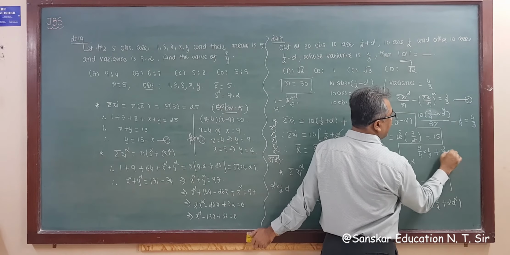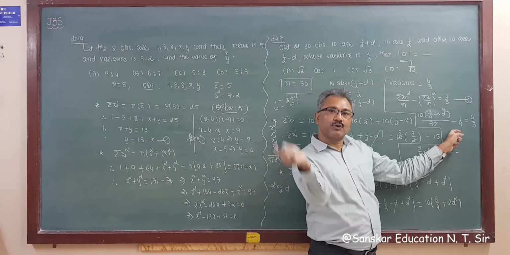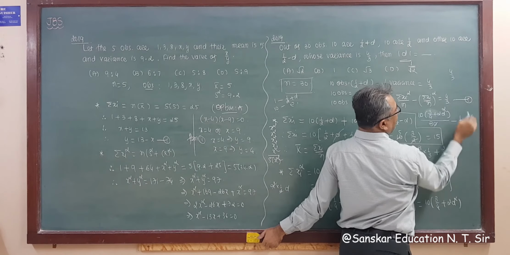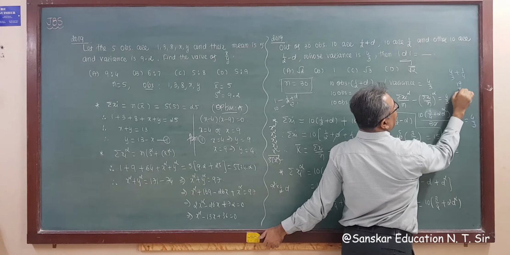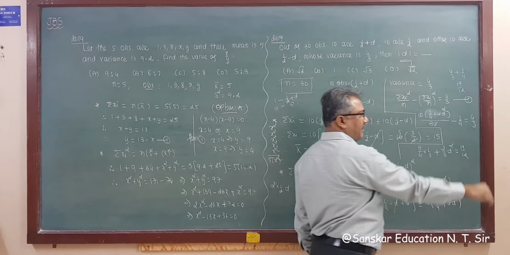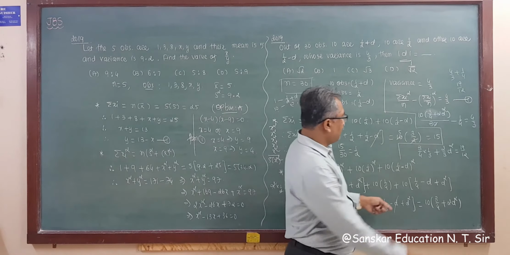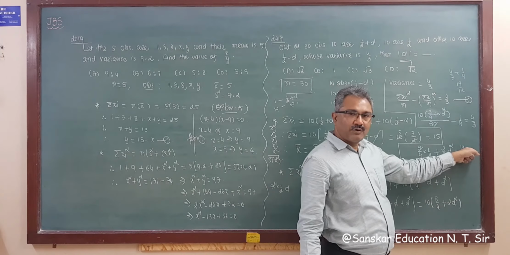Plus this is 2 by 3 d square, is equal to, taking 1/4 to the opposite side, it becomes plus. So 4 by 3 plus 1/4. So 16 plus 3, that is 19 by 12. We get 19 by 12. Now these three cut, taking 4 to the opposite side.